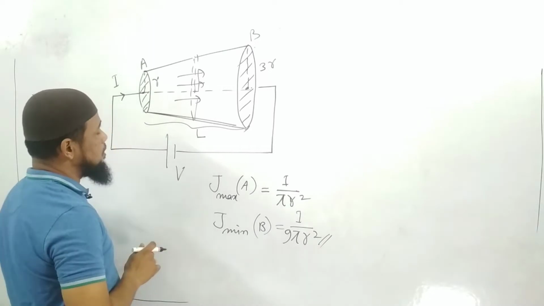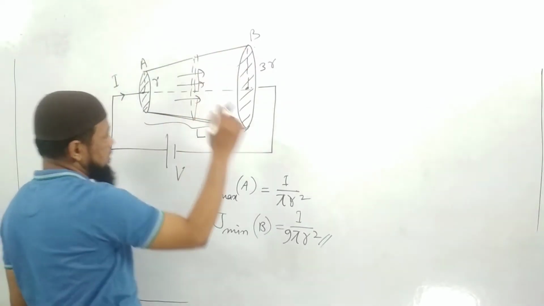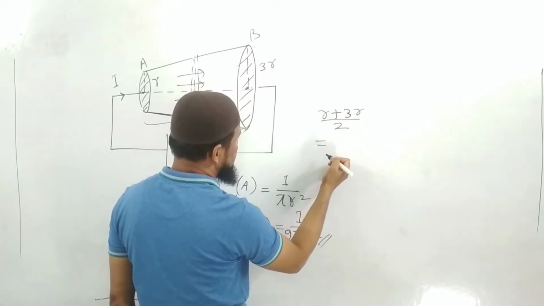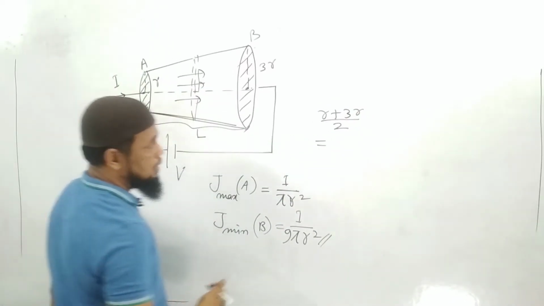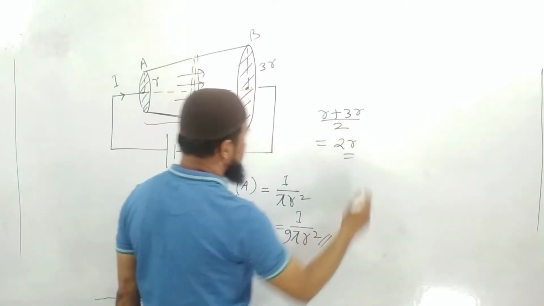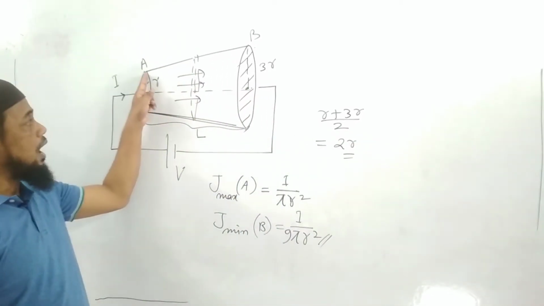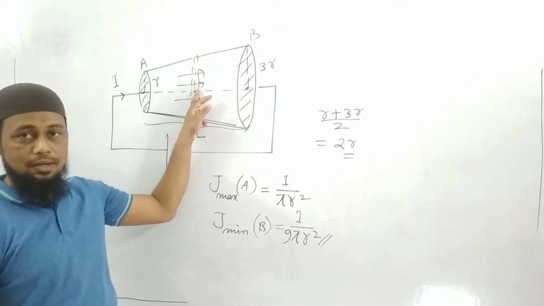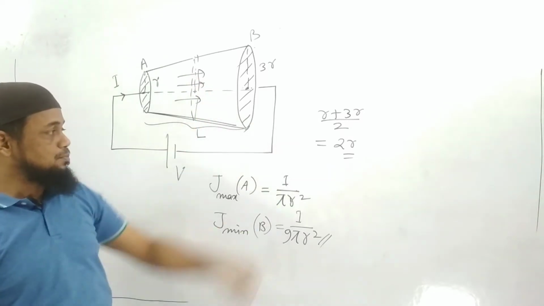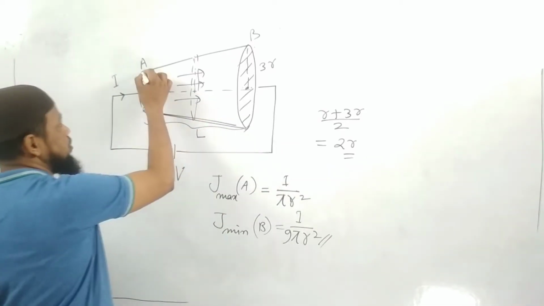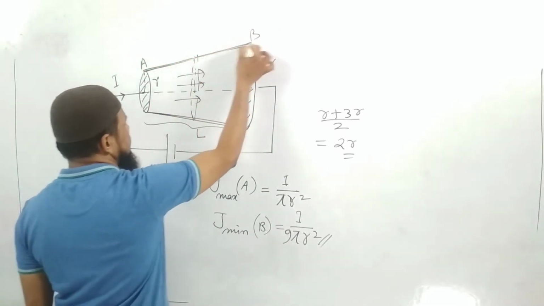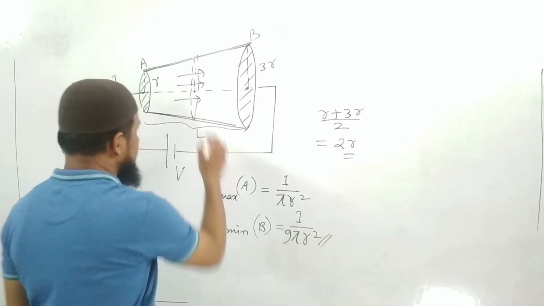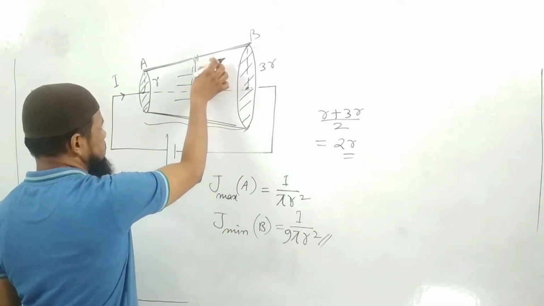What is the midpoint between r and 3r? We can do it like this: r plus 3r divided by 2. How much will it become? Don't you think this will become twice r? Is it correct? r, twice r, 3r. I'm showing a shortcut actually. Exactly at the midpoint, the radius will become twice r, because this is increasing uniformly.